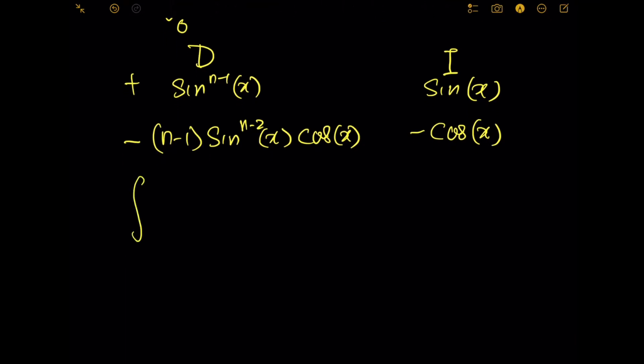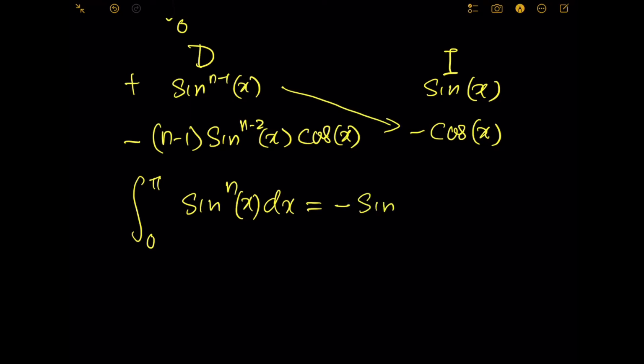Here is the answer. Integral 0 to pi sine n x dx is equal to these two terms multiplied, which become negative sine n minus 1x multiply cos x, and then these two terms multiplied with the integration sign.